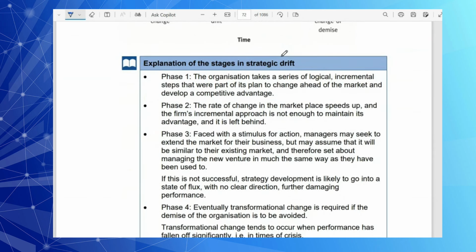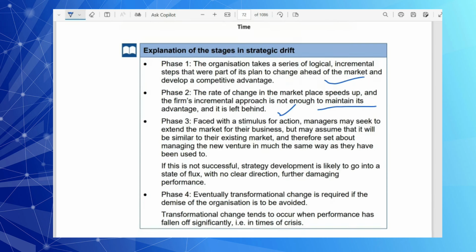So if it is a new market, they will face a problem in successful implementation. If it is not successful, strategy development is likely to go into a state of flux with no clear direction, damaging performance. So as we discussed, there is flux here, then damage.